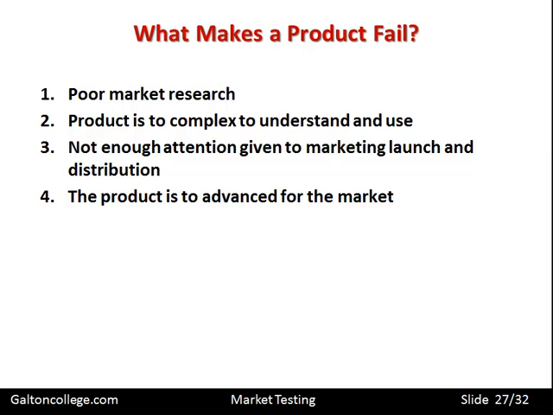The product is too advanced. The product is too difficult. It's confusing. It's a confused product. The customers wanted a product to clean the floor. What's the point of having all the rest of it attached? Only make products that address the specific need.